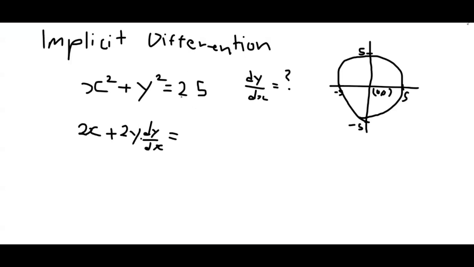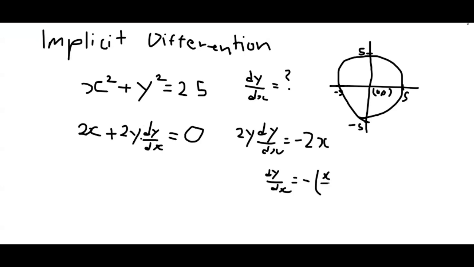And obviously this 25 is a constant, so that just becomes a 0. And all you gotta do is simply rearrange it. So let's say 2y dy/dx is equal to minus 2x because I'm moving the 2x to the right side. All you gotta do is divide 2y on both sides, which becomes minus x over y. And that is how you get dy/dx using implicit differentiation.